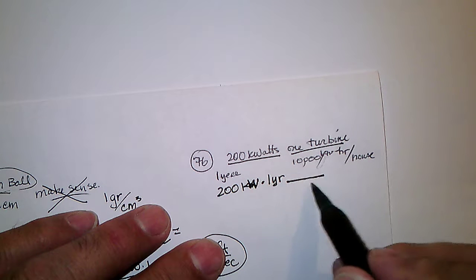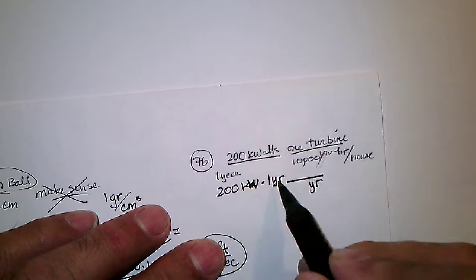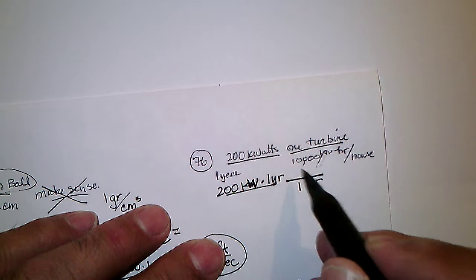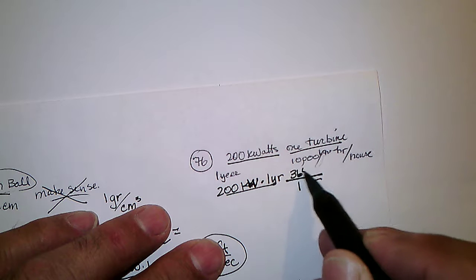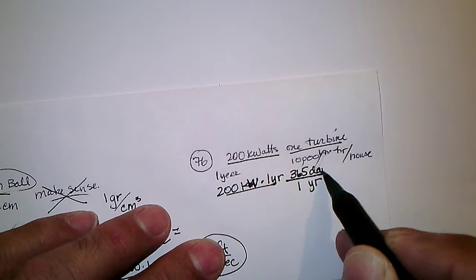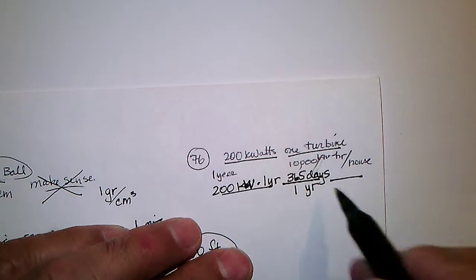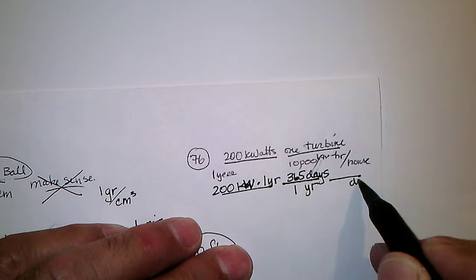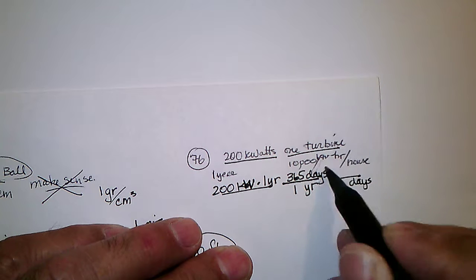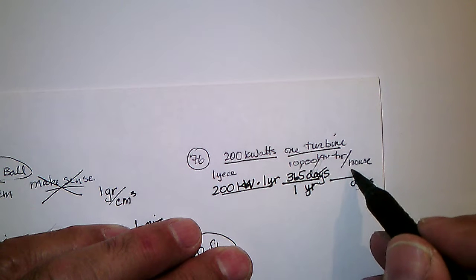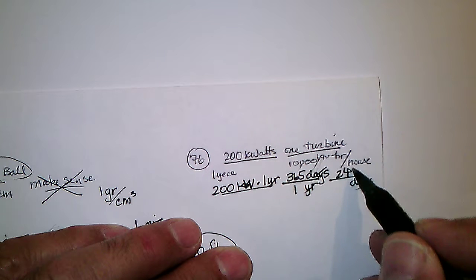So 1 year, put that in the denominator because this is in the numerator. And 1 year is 365 days times, and then we've got to change days. So those cancel. And the days is how many hours? Well, that's 24 hours.